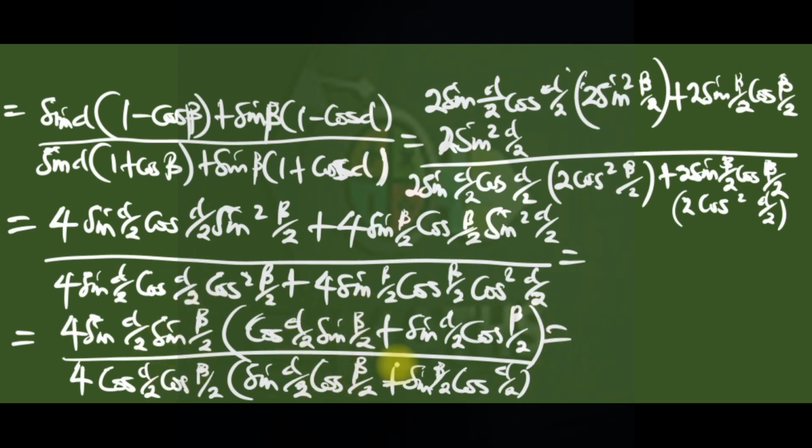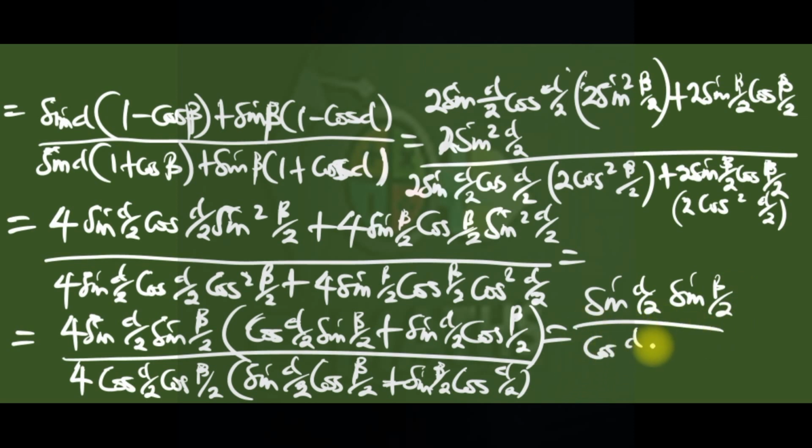So we are left with sine half alpha sine half beta over cos half alpha cos half beta.